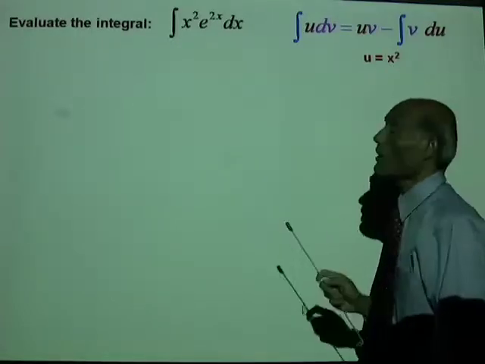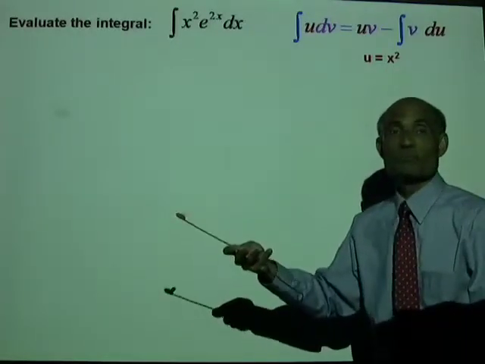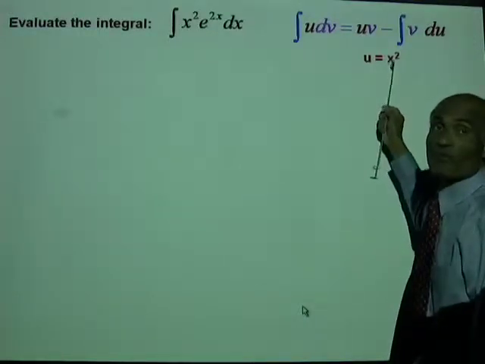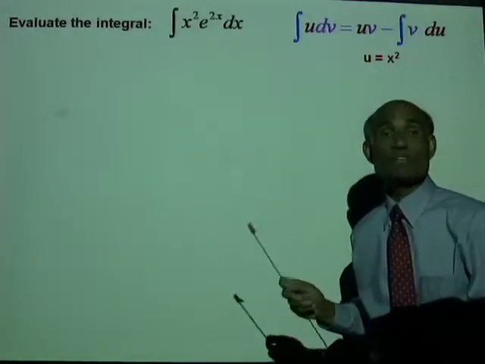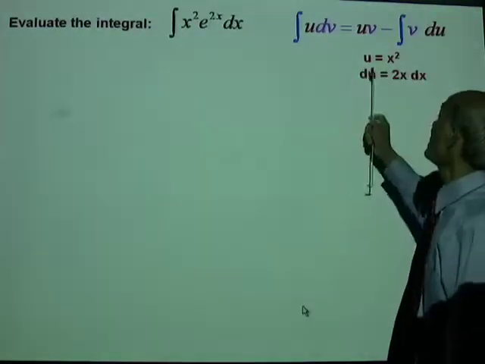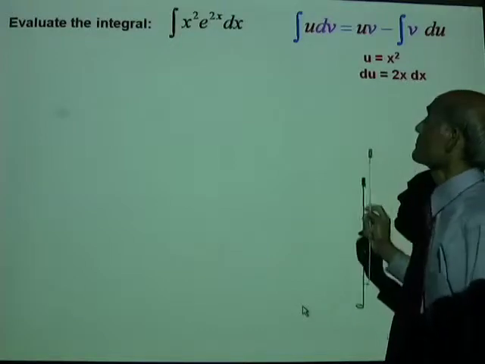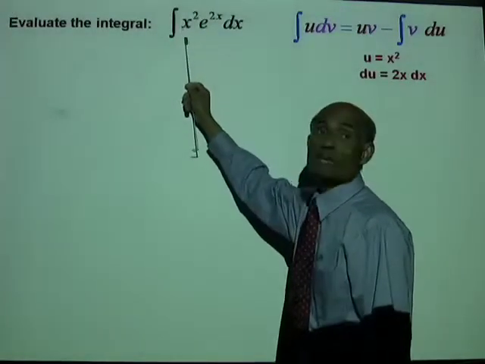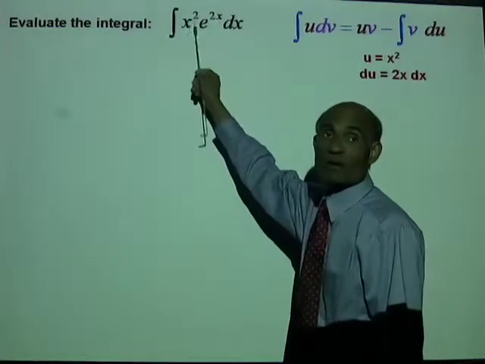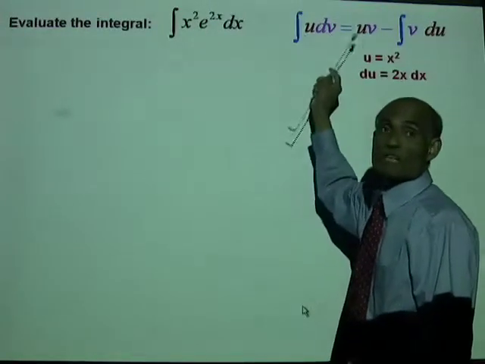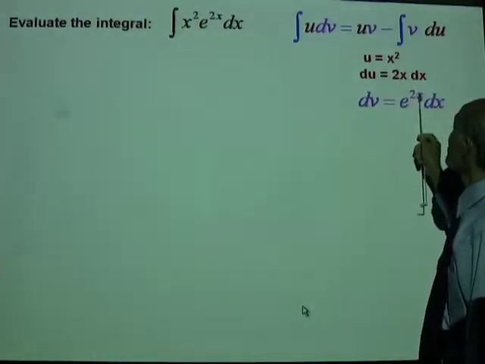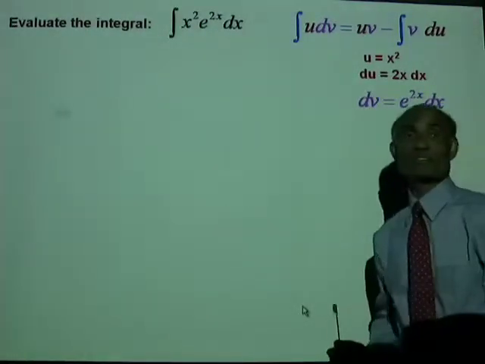If u is x squared, what is du? Du is the differential of u, and therefore you take the differential of the right hand side, that will be 2x dx. So du equal to 2x dx. If x squared equal to your u, then the remaining e to the power of 2x dx must be your dv. So your dv is e to the power of 2x dx.